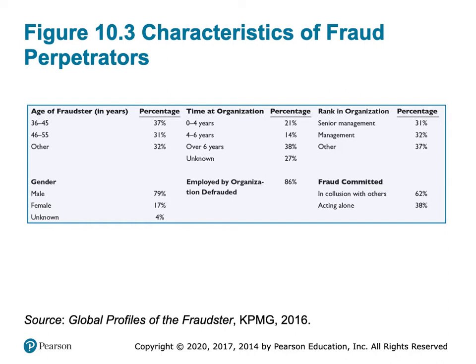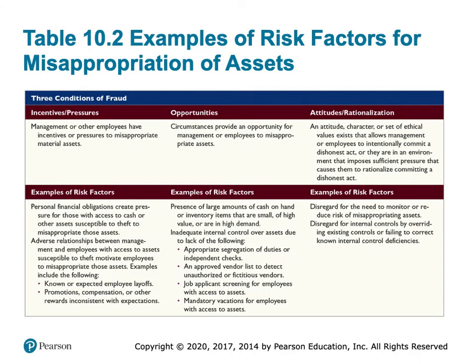In fact, long-time employees are more likely to commit fraud than anybody else. And the level of the person in the organization is kind of across the board. So, the risk factors for misappropriation are, again, individual incentives, personal financial obligations, things like that.